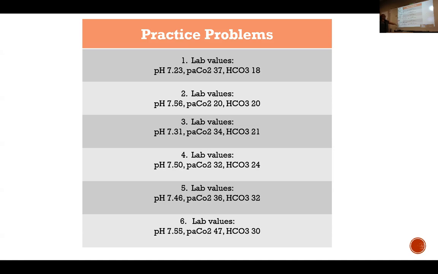Yep. How did we know that it was alkalosis? Because of the pH. That's right. And how did you know it was uncompensated? The bicarb is normal. It's not helping.